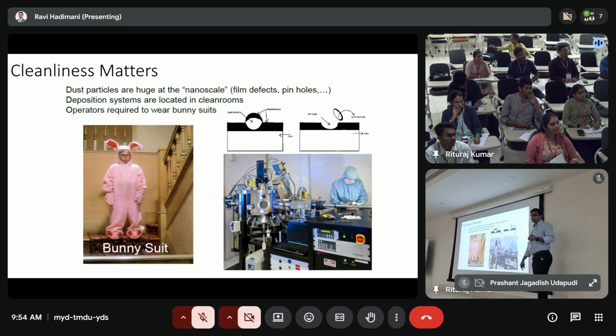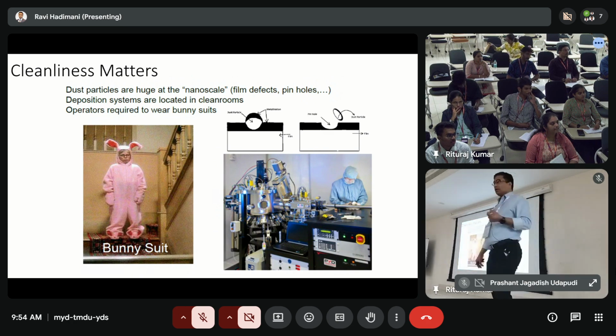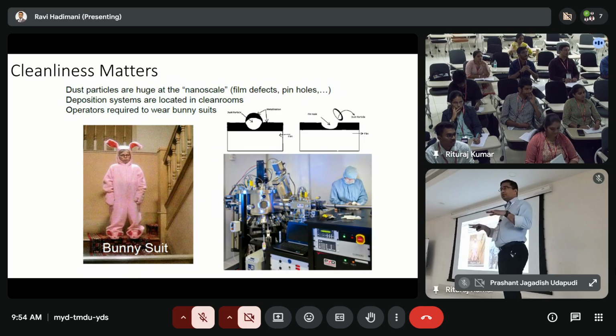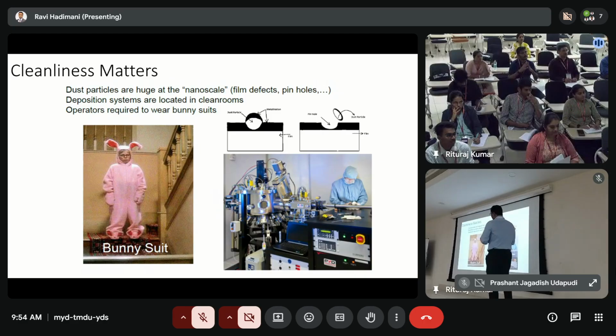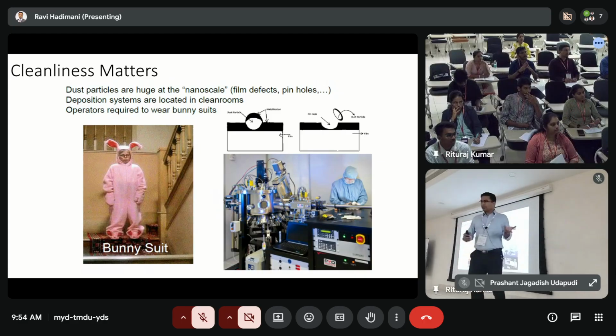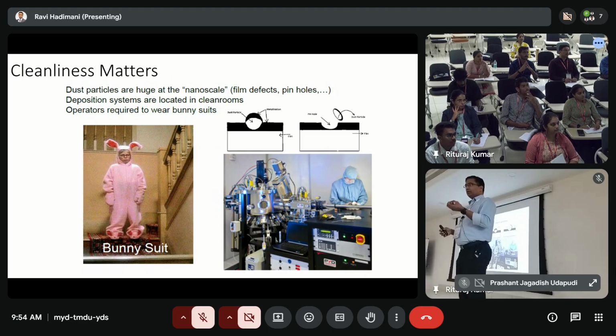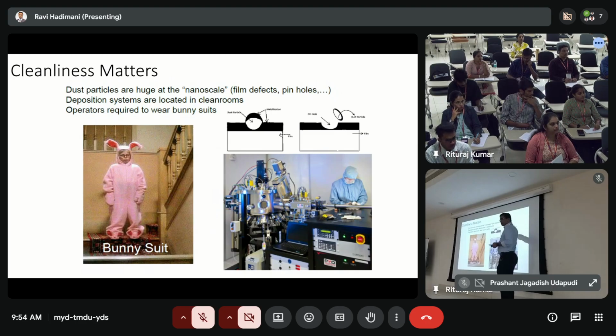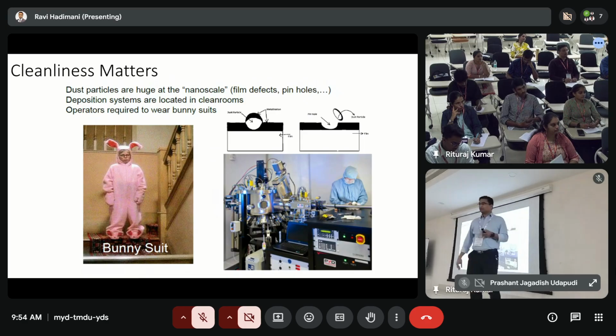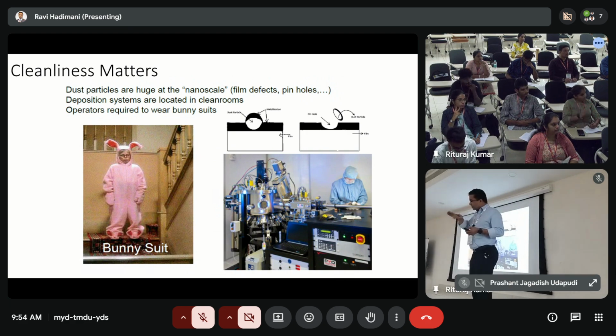So there are different classifications of clean room. There should not be any particulate matter, and if there is, what's the size of the particle? A few microns, right? If a particle goes and sits on your film while you are depositing it, you get a discontinuous film. Imagine if you're growing an epitaxial film, meaning all crystals aligned in one axis.